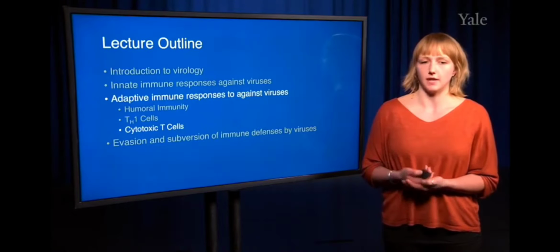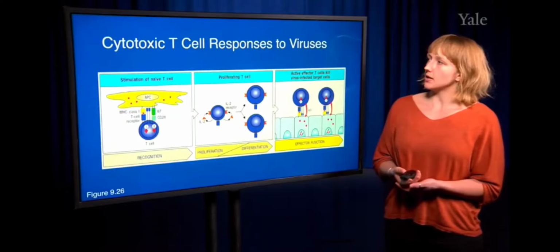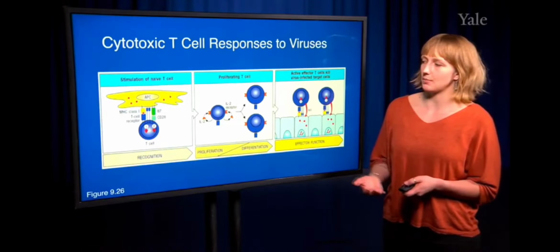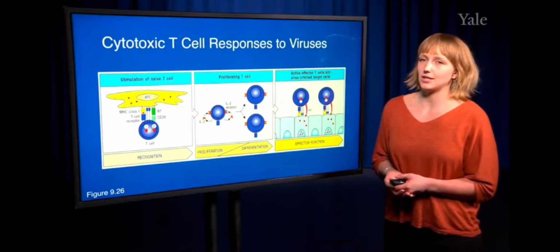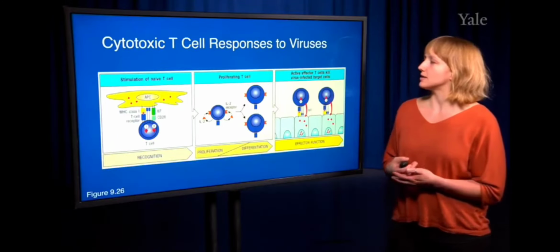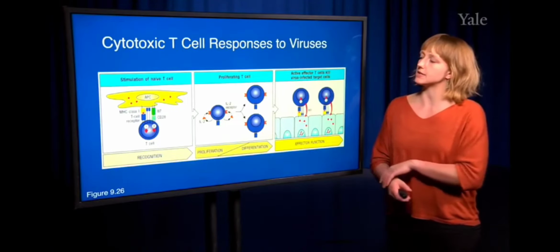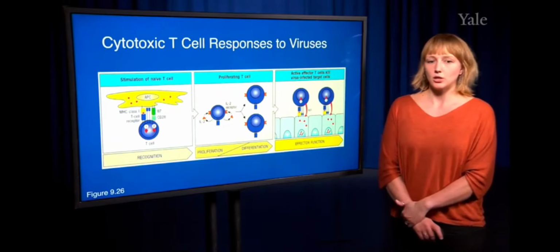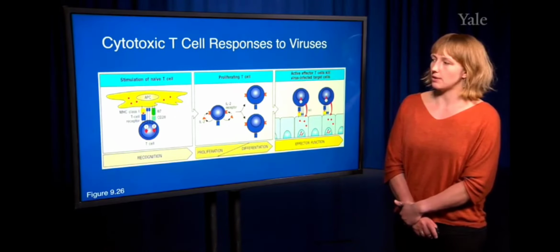Cytotoxic T cells will first recognize the pathogen on MHC class I molecules. They will then start proliferating, and these active effector T cells will kill virus-infected target cells. Now we're going to dive into more about the recognition and effector function of these cells.